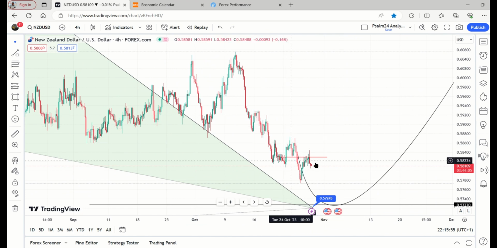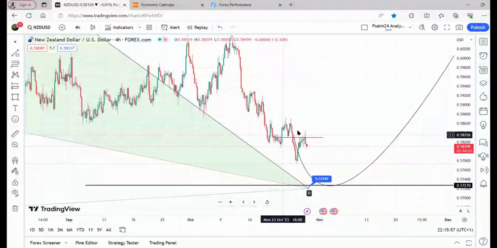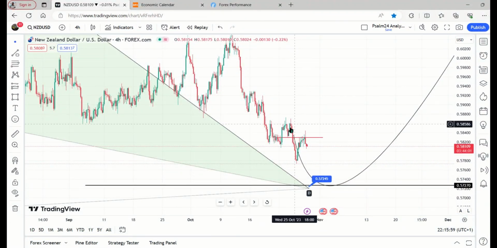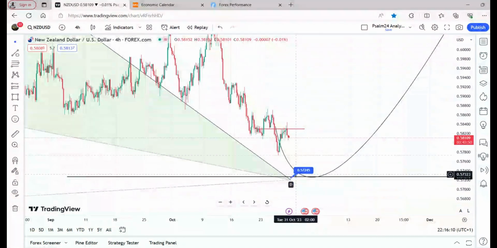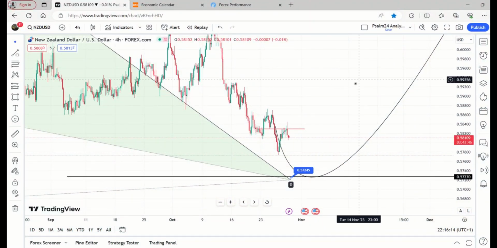So we spotted this bat or shark pattern, and we were expecting the market to drop to this area. It is not compulsory, but what we are saying is if the market does come here, then we'll be looking for a reversal to the upside. But that does not mean that we'll short, you understand?